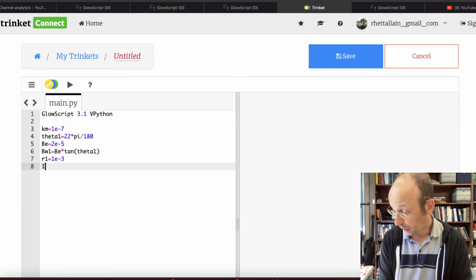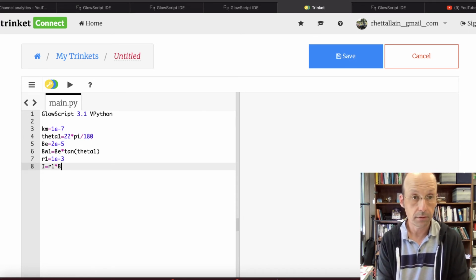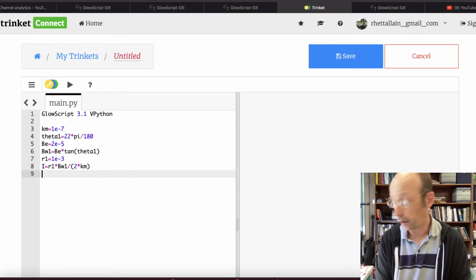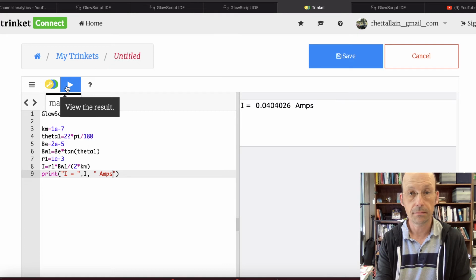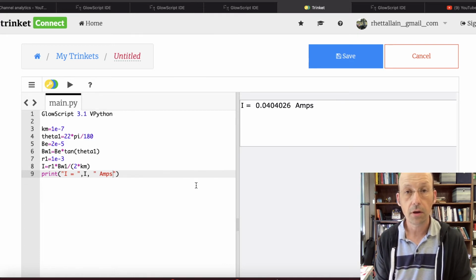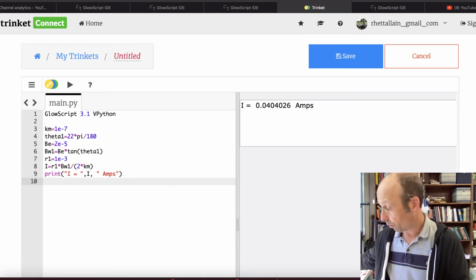And I can say I equals R1 times B wire 1 divided by 2 times Km. And that's the current in the wire. And was that the first question? Yes, so let's print that. Print I equals I amps. Let's just run that. There. 0.04 amps.